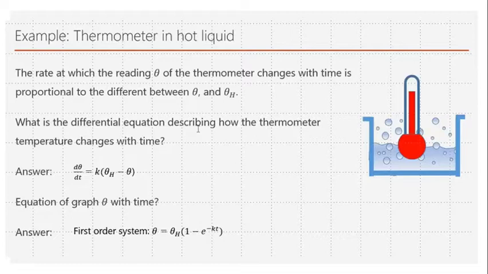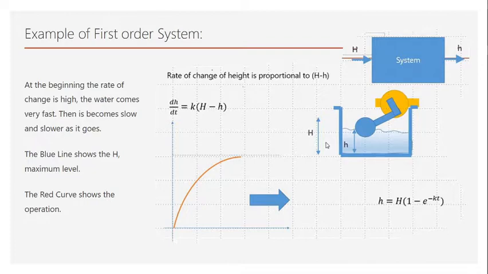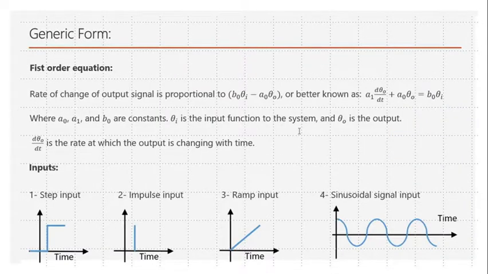We know that the rate of change with respect to time is proportional to that change, and there is a constant associated with that. And this is exactly what we need to get to that exponential equation that associates this system with first order systems. So if I plot this equation here, it is going to be very similar to the one that we have here and the one that we have here.